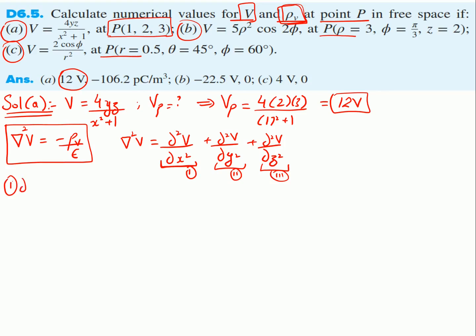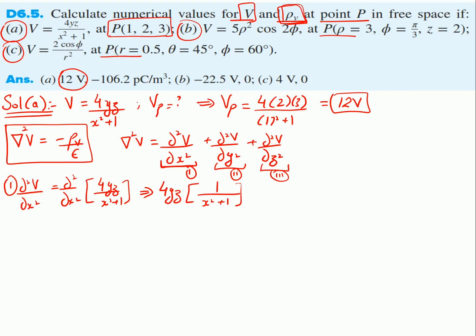We start with the first partial derivative. We basically want to solve del square V divided by del x square, and what is the value of V? It is 4yz divided by x square plus 1. Since it's with respect to x, I can bring out the coefficient 4yz, and I have to do the second derivative of 1 divided by x square plus 1.